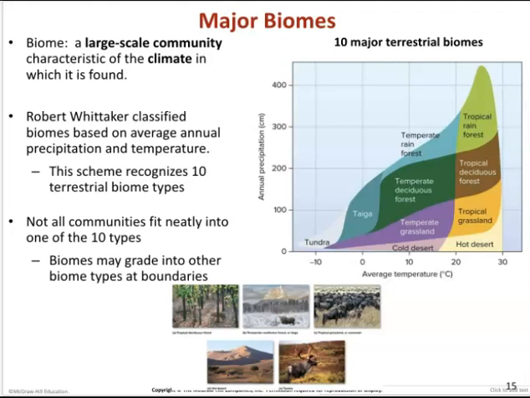Not all communities fit into one of the 10 types. Sometimes things fit into more than one. So these biomes are typically based on average precipitation or rainfall and the temperature. So huge communities of organisms interacting together with their climate forms the biome.